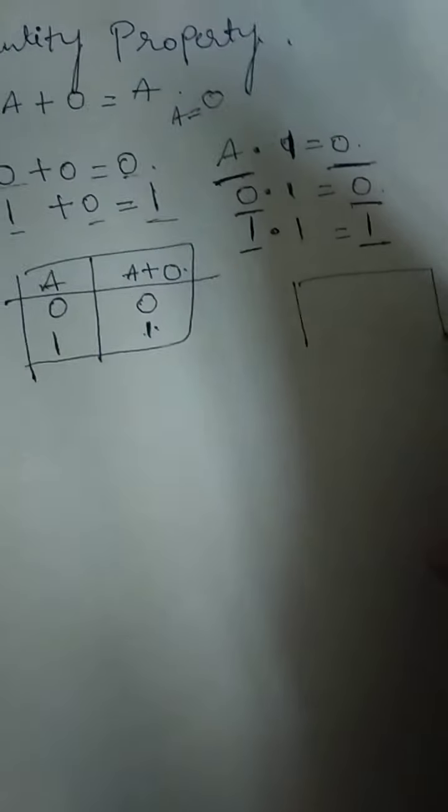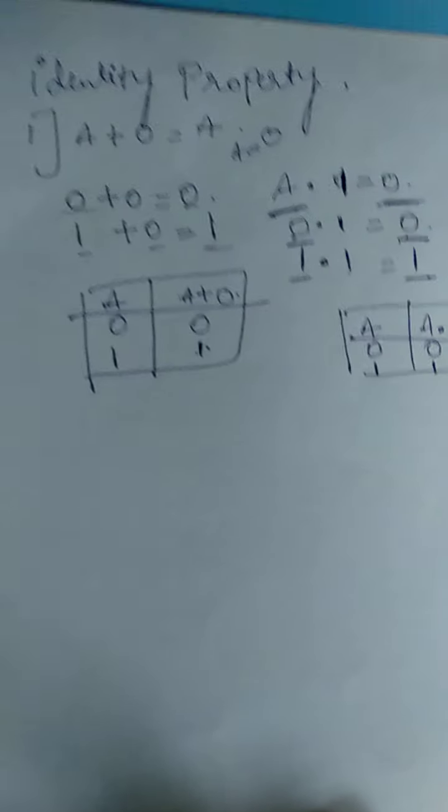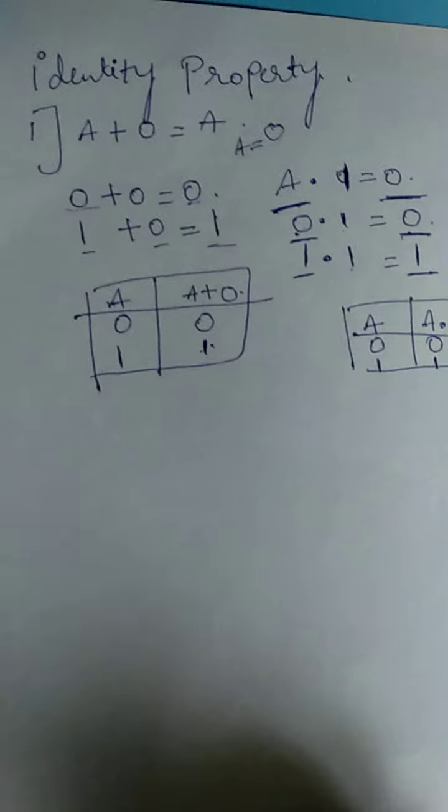For a into 1, the values of a are 0 and 1. If we give the a value as 0, we are getting a into 1 as 0. Next, 1 into 1 will be 1. So this is the identity property.